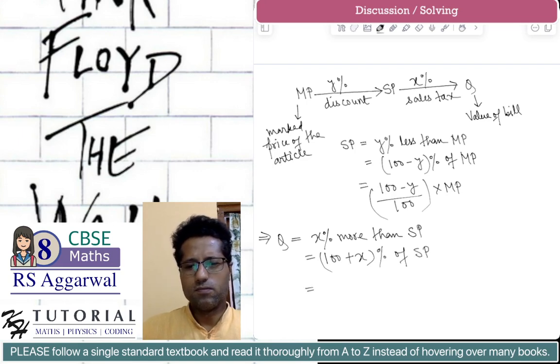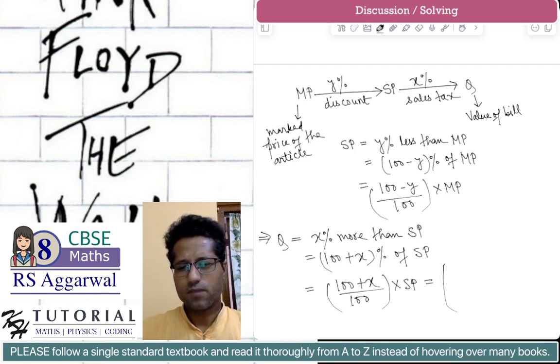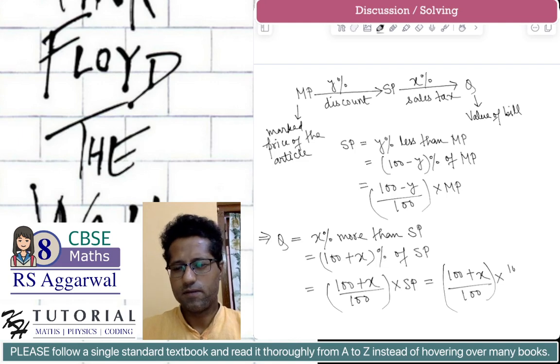This is equal to (100 plus X)/100 multiplied by SP, where SP is (100 minus Y)/100 multiplied by MP.